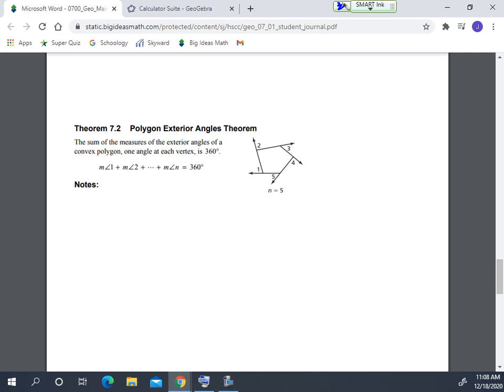The sum of the measures of the exterior angles of a convex polygon, doesn't matter how many sides the convex polygon has, the sum of each of those angles is 360 degrees. So it can be a 20-sided figure, but the exterior angles, all of them added up, is 360 degrees.